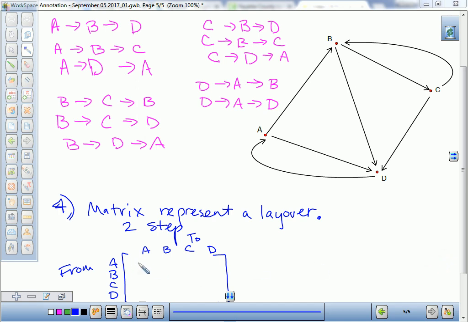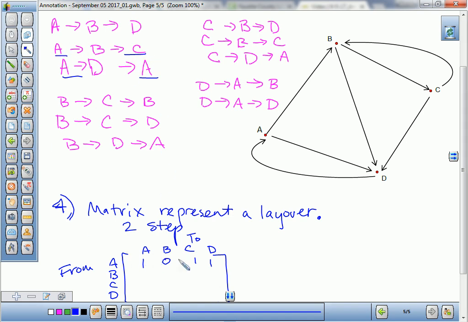So we have 1, 0, 1, 1 for the first row. Is that what you got? A to A, we have 1 path. We have 1 path that goes from A to C. And we have 1 path that goes from A to D. Okay?